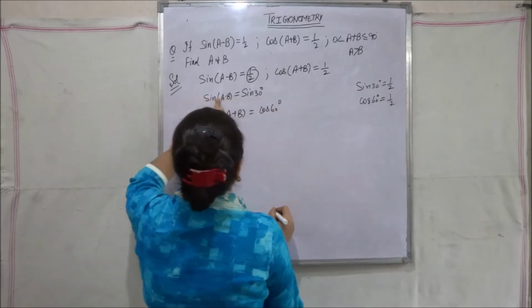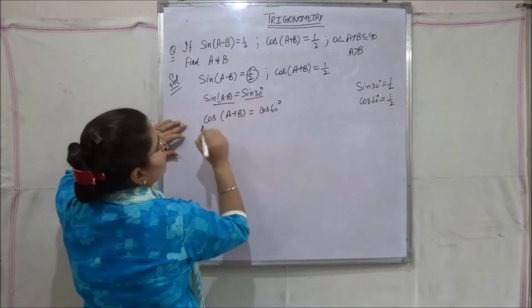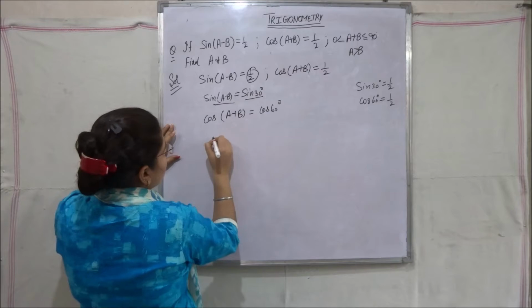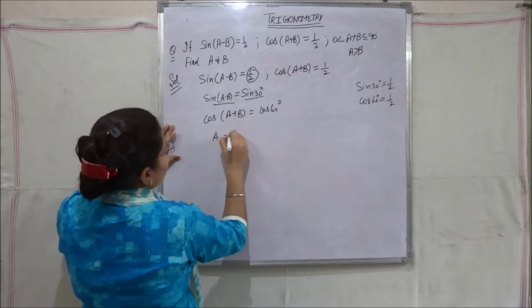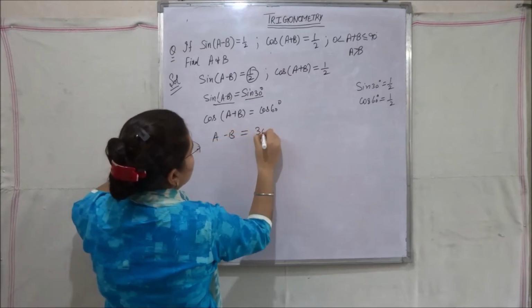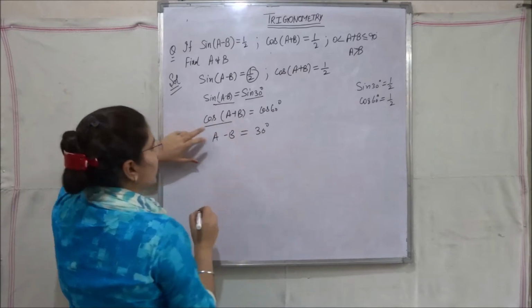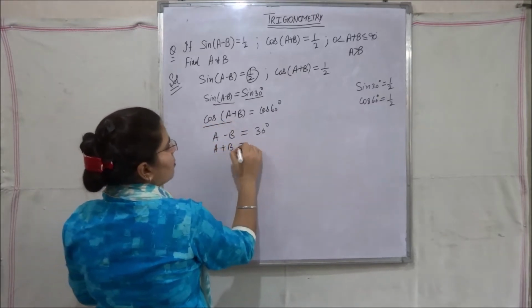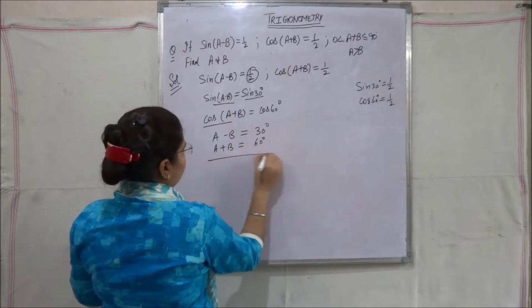Now when we equate both sides, taking inverse, a minus b will be equal to 30 degrees. Similarly, taking cos inverse on both sides, a plus b will be equal to 60 degrees.